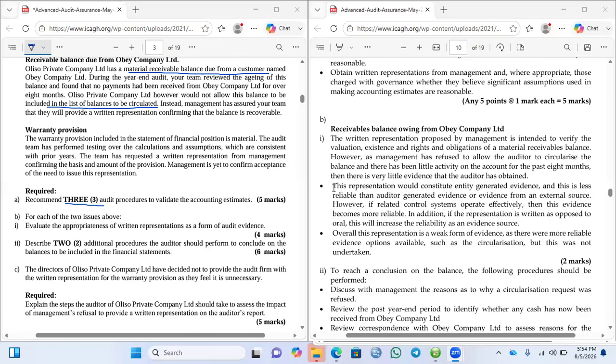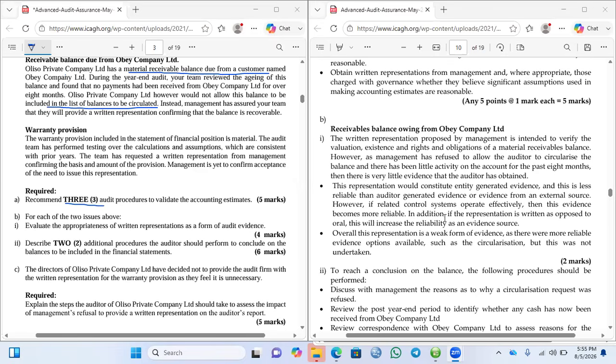So the second point says this representation would constitute entity-generated evidence, and this is less reliable than auditor-generated evidence or evidence from an external source. So I think that is the point. However, if related control systems operate effectively, then this evidence becomes more reliable.